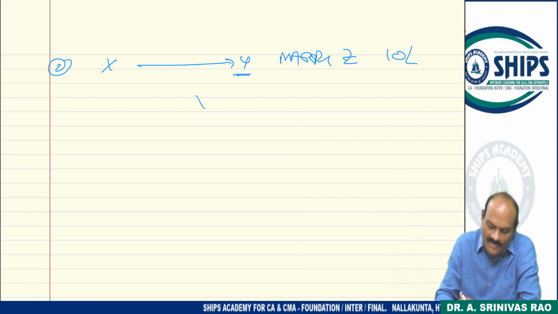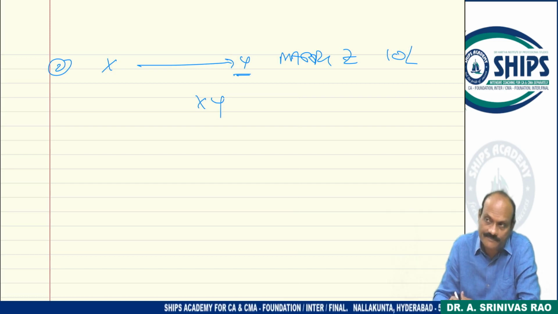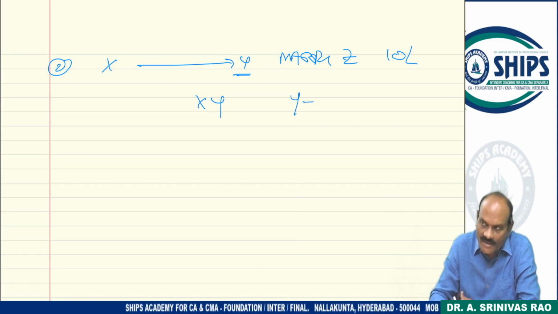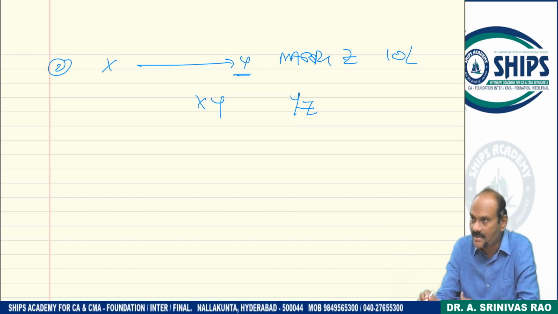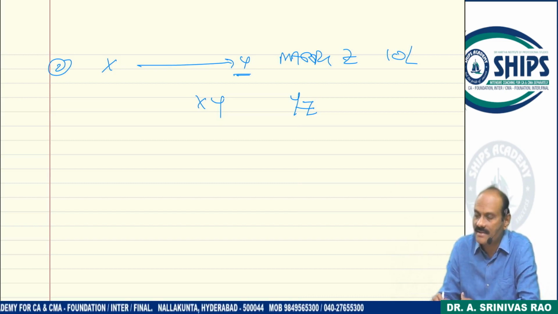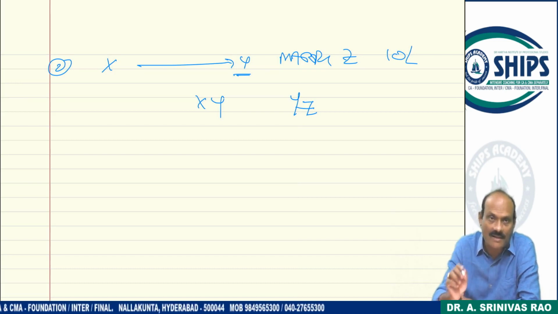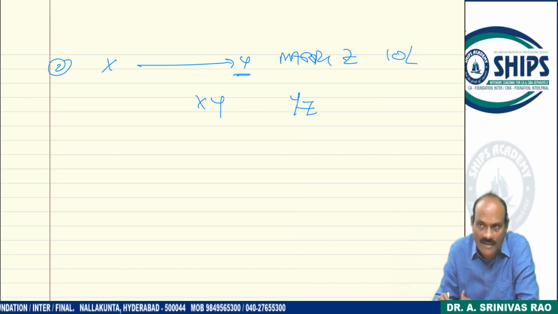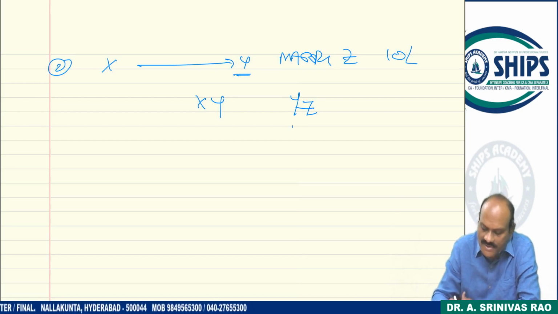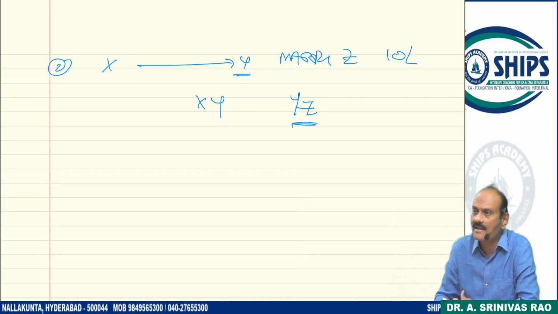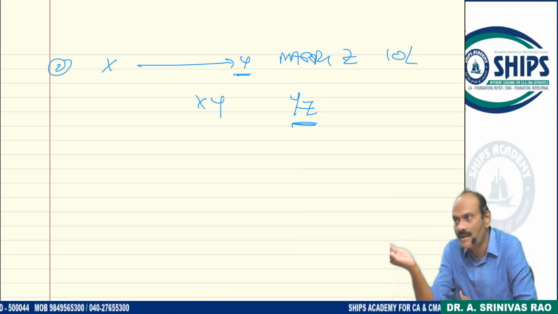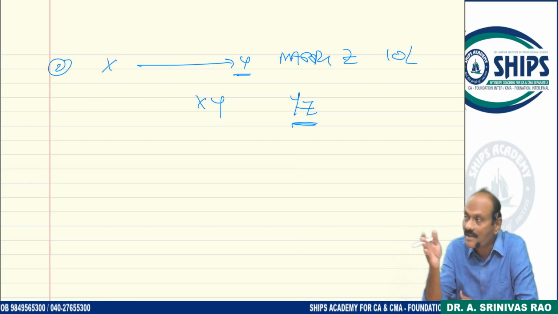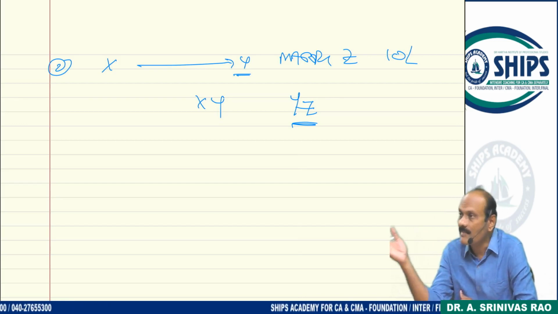There can be a contract between X and Y when Y marries Z. What is the guarantee that Z will marry Y? May not. Which means that marriage may take place, may not take place.